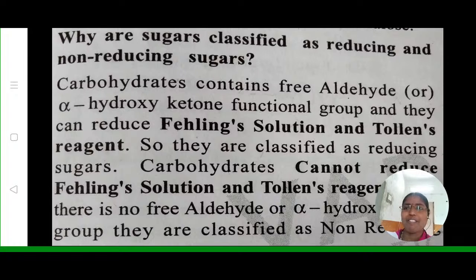Again I repeat, why are sugars classified as reducing and non-reducing? Based on the functional group, they are classified into 2 types: reducing and non-reducing sugars.